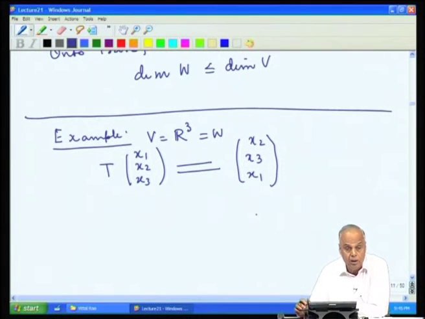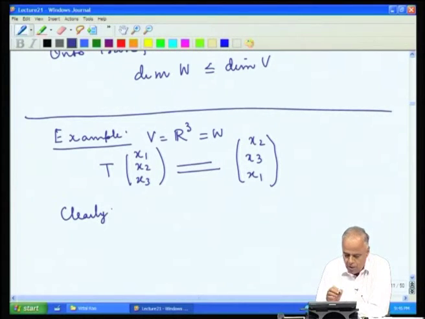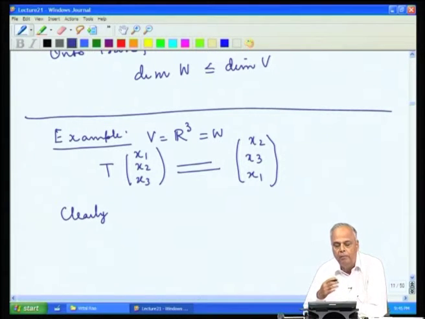We had this already as a 1-1 transformation, and let us check whether this is an onto transformation. So, clearly to check an onto transformation, we want to see whether every vector in W can be written in the form T of some x in V.